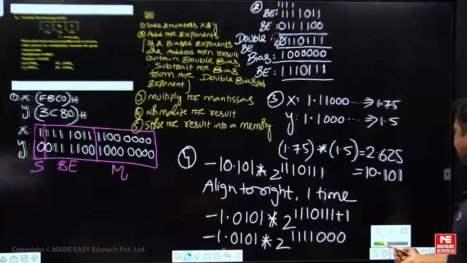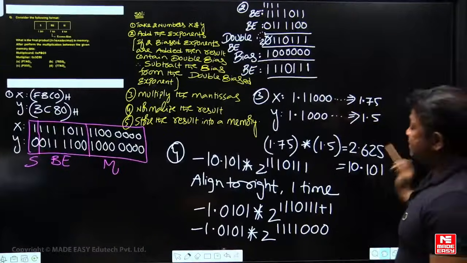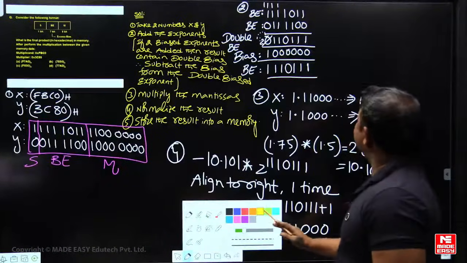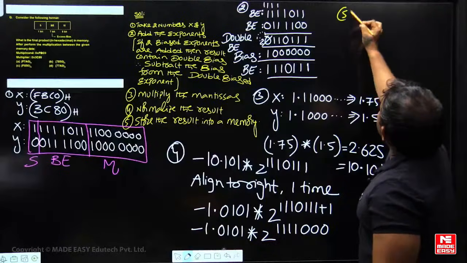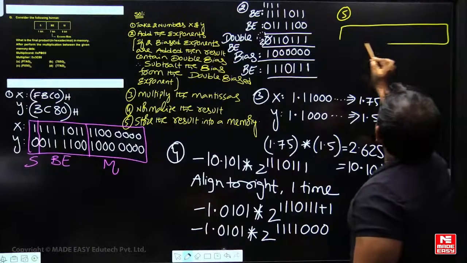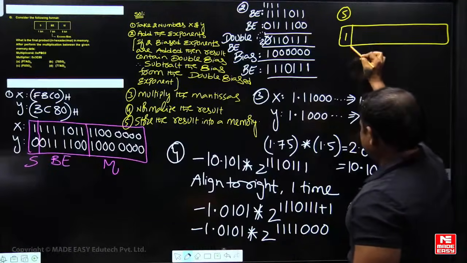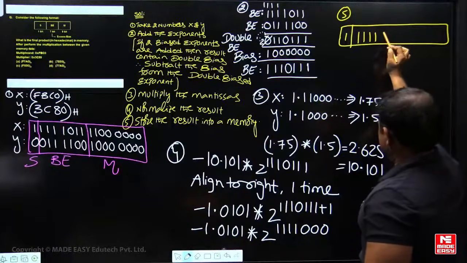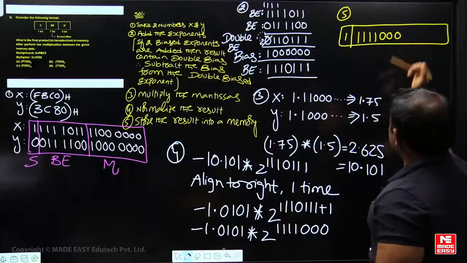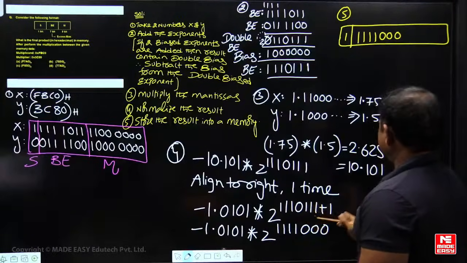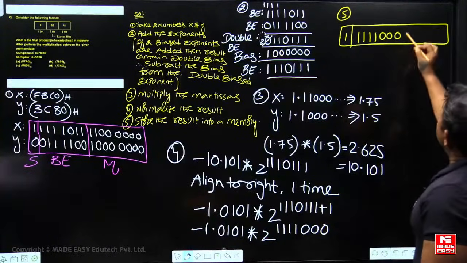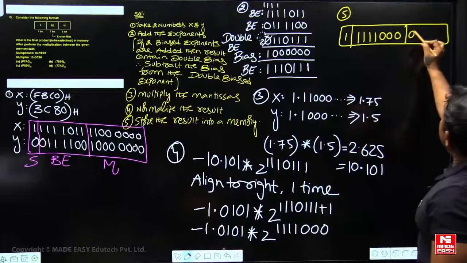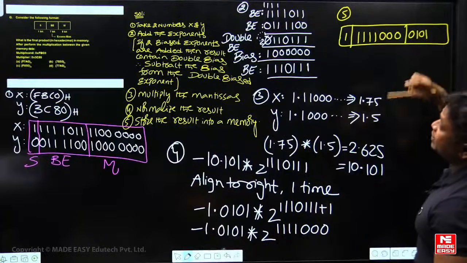Then store it into memory. Already this is the biased exponent, right? Now the storage: the sign is negative, the biased exponent is 1111000, then the mantissa is 0101 and the remaining are all zeros.